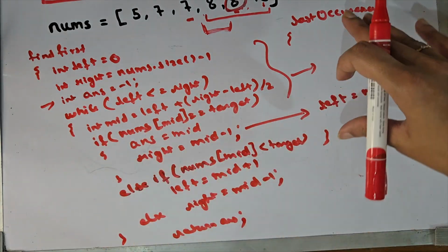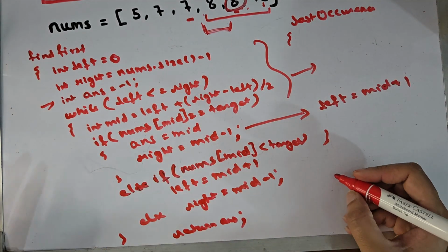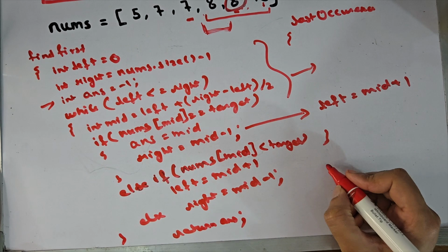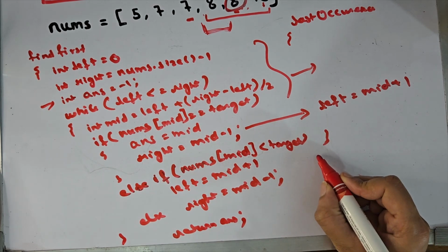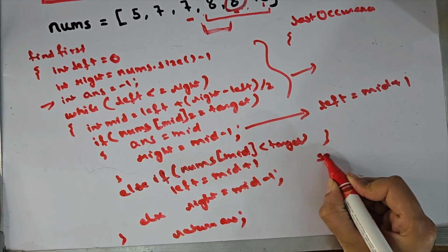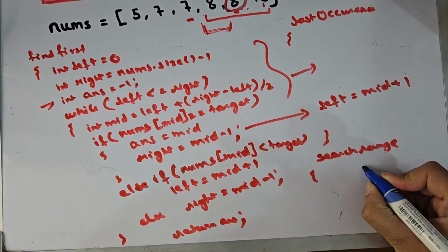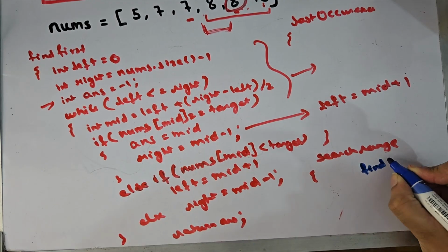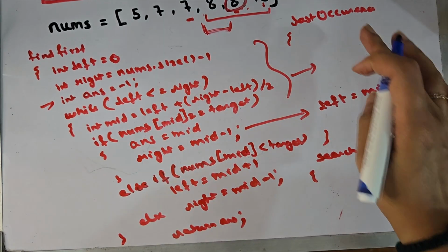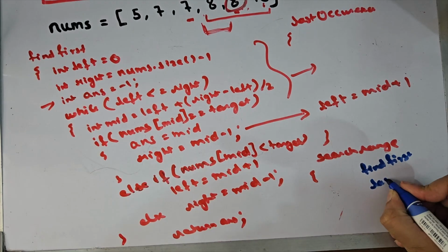We need to call these two functions from the main function. Let's say the function name is search range. From the search range function, we will call find first and find last.